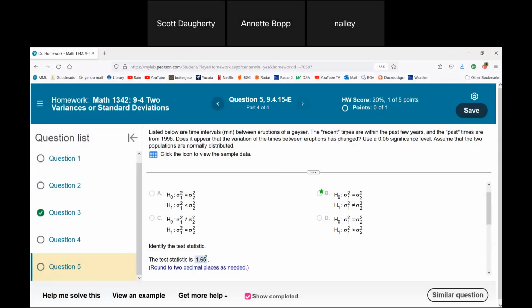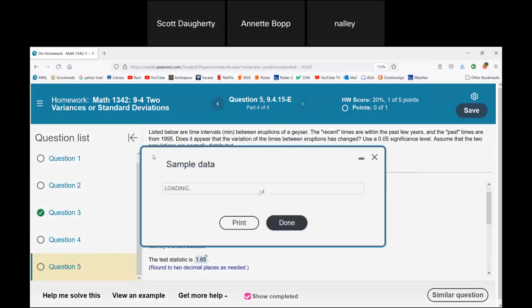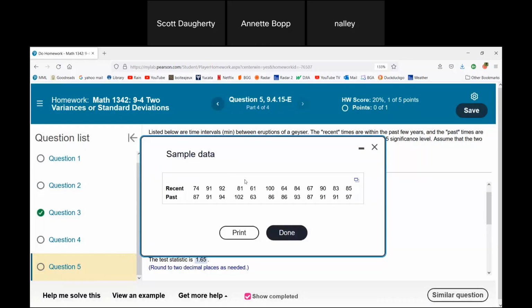And then they look at ones in the past few years versus the ones from 1995. And this is what they came up with. So this is their sample data. So the recent eruptions, these were the times between the eruptions in minutes. So 74 minutes between one eruption and the next, right? 91 minutes between one eruption and the next. So they're randomly sampling them.